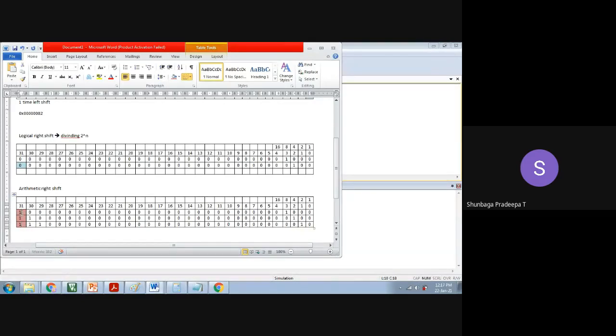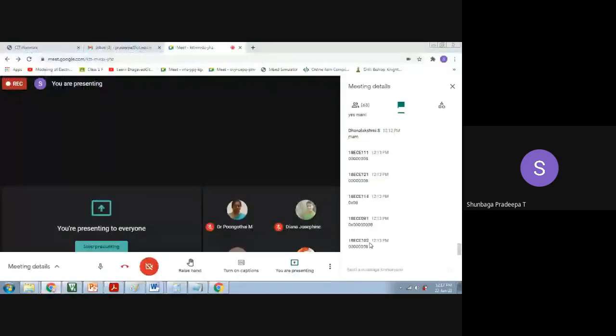Suppose your MSB bit is 0, you will maintain the MSB bit as 0 only, and that will be considered for shifting. Is your arithmetic right shift clear now? You're able to differentiate between your logical right shift, left shift, and your arithmetic right shift? Is it clear?